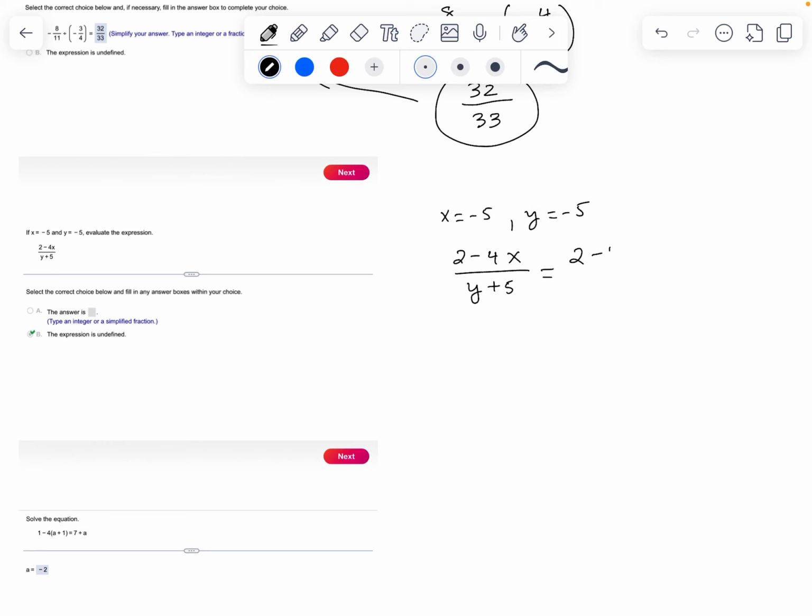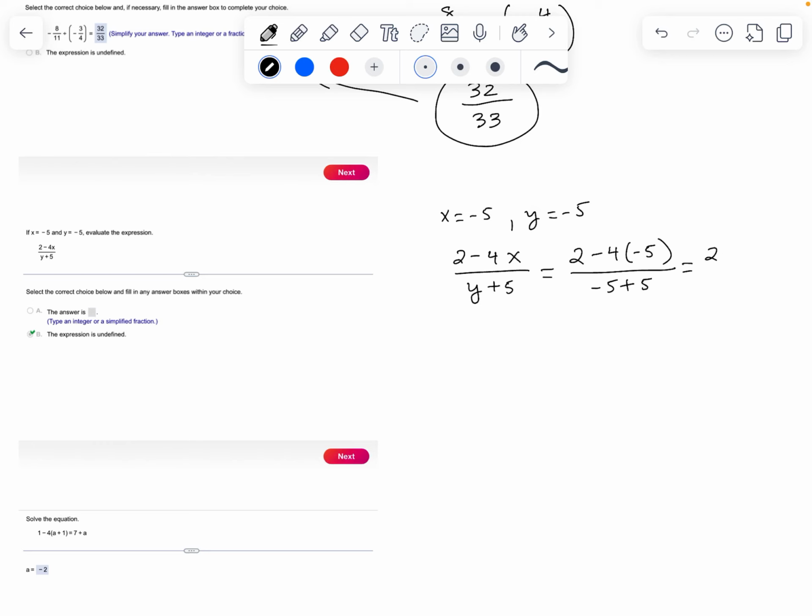So that would be 2 minus 4 times negative 5. It's not minus 4 minus 5. It's 2 minus 4 times negative 5. Remember that. And at the bottom, we have negative 5 plus 5.